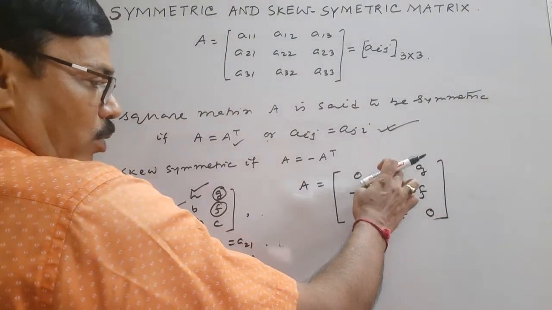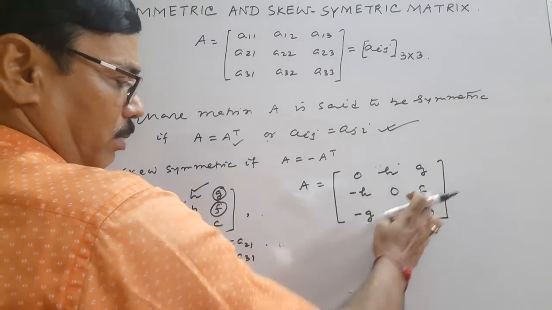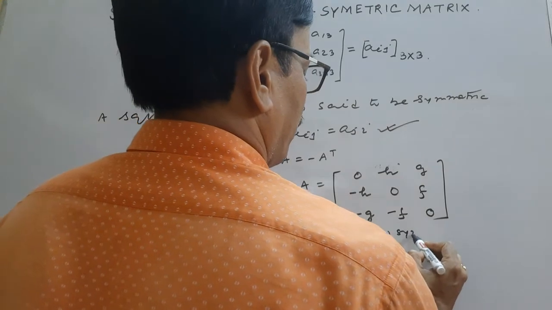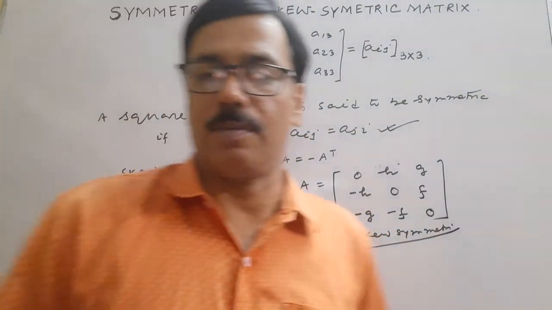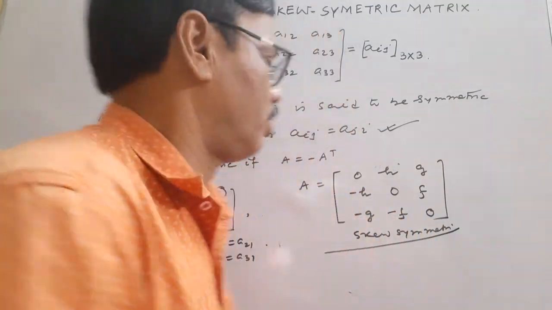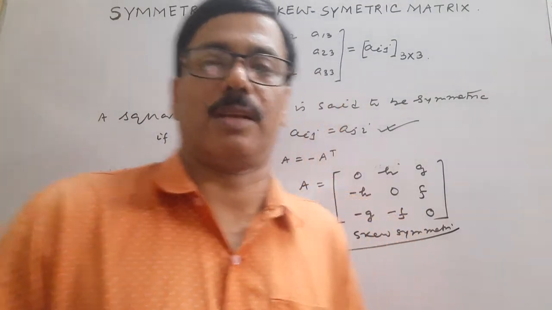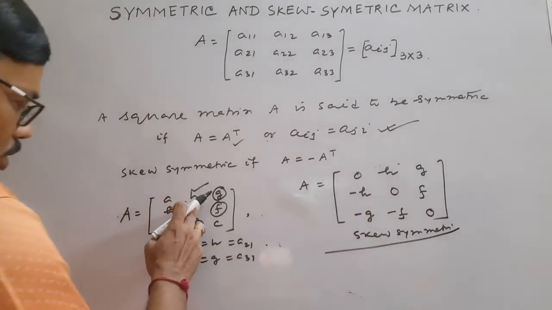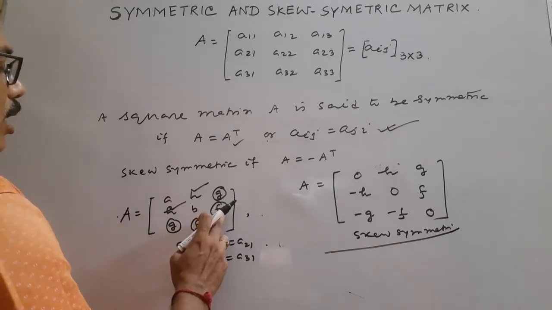Look, A12 minus A21, A13 minus A31, A23 minus A32. This is skew symmetric. So these are examples of symmetric and skew symmetric matrices. You can form thousands of examples using these definitions. So A12 equals to A21, A13 equals to A31, A23 equals to A32.